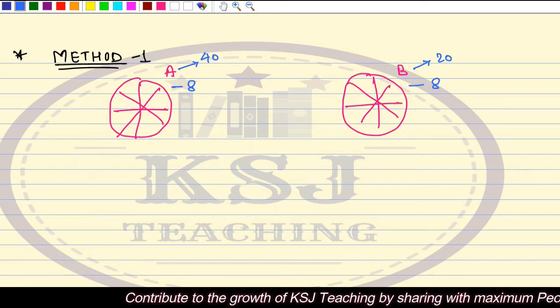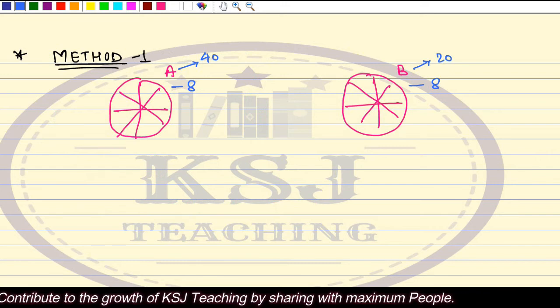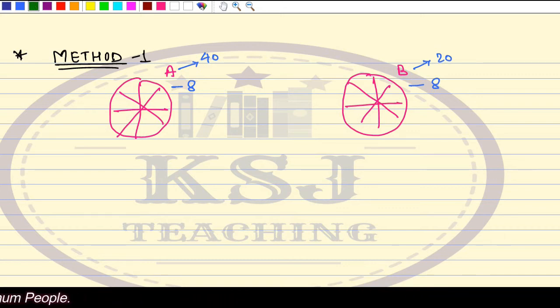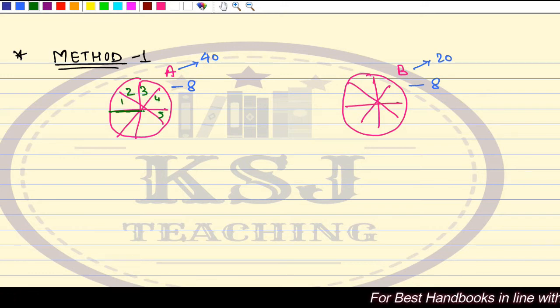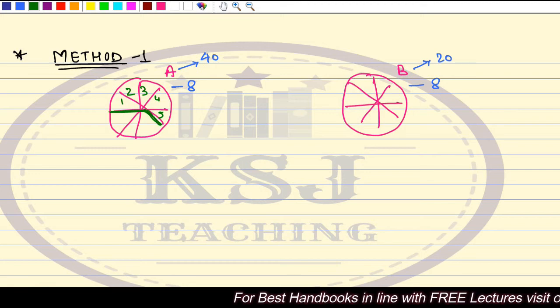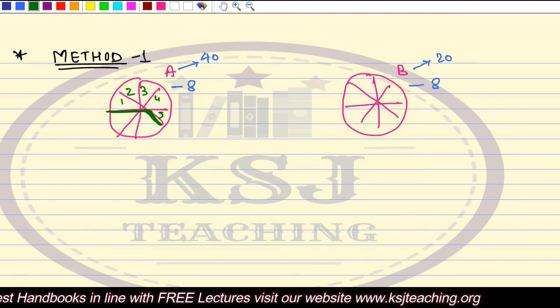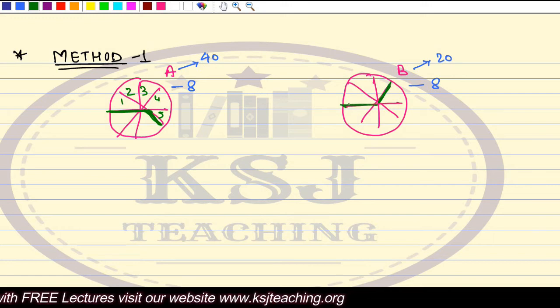Now I go to this shop. I say that I don't want a complete pizza. Do one thing: give me 5 slices of this pizza, and 3 slices of this pizza.